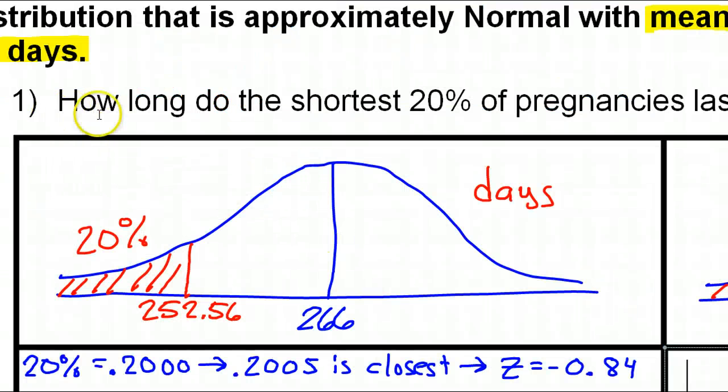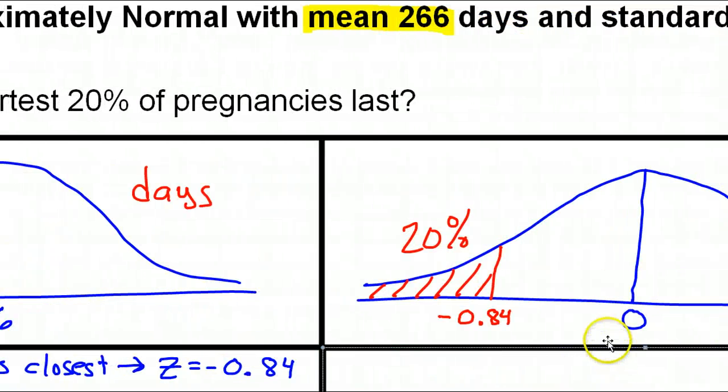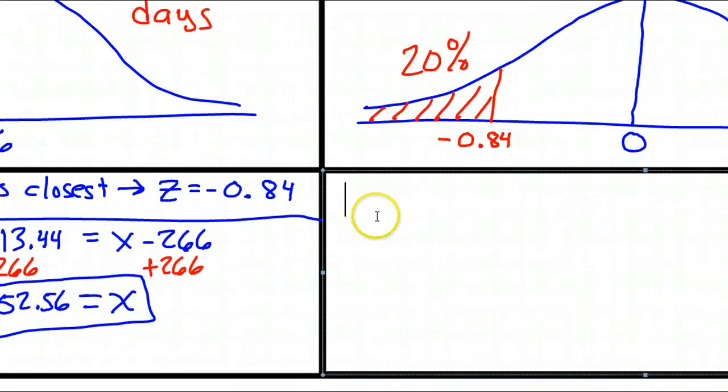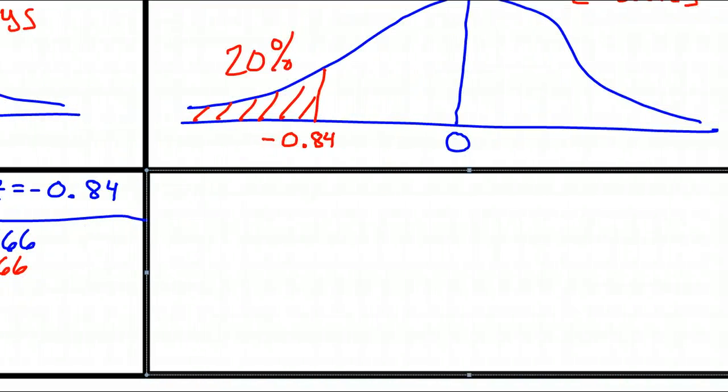All right, so the question is, how long do the shortest 20% of pregnancies last? And now we have found that answer. So just reword the question as your answer.